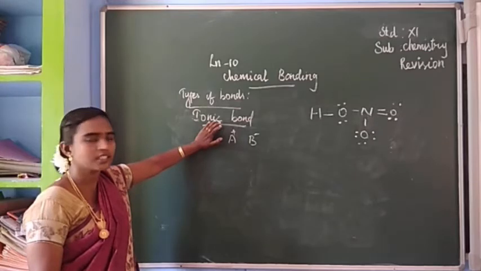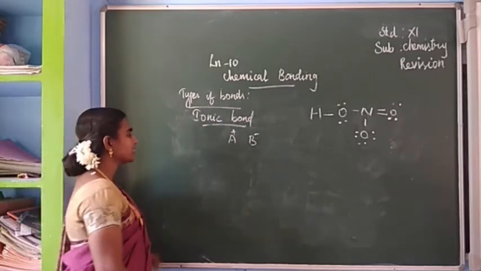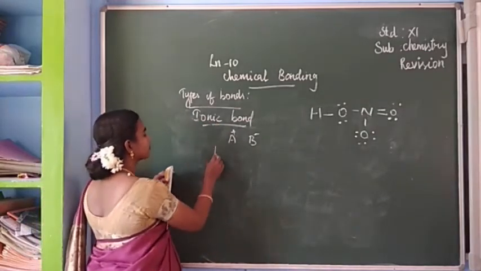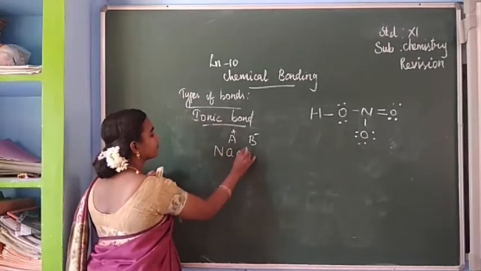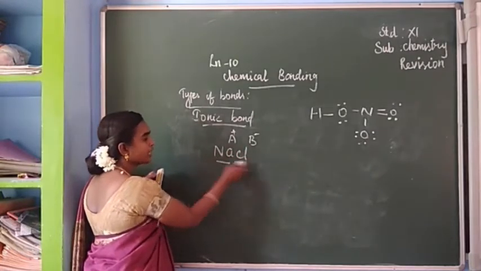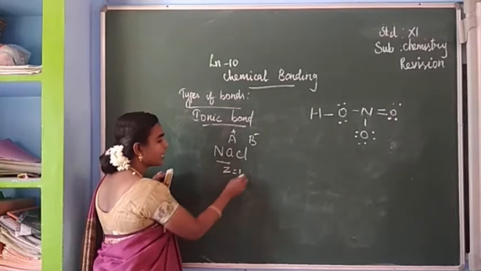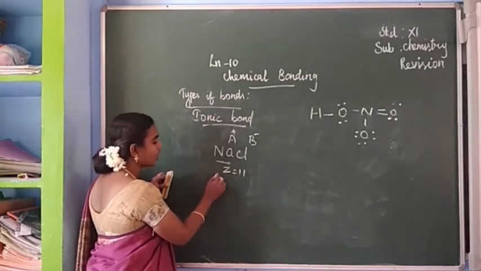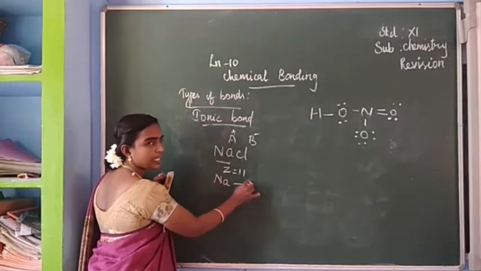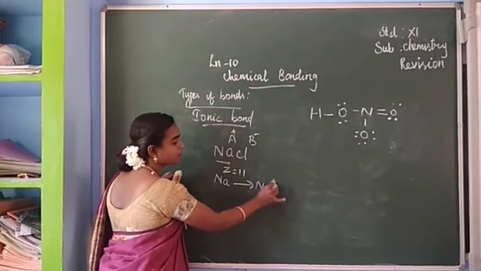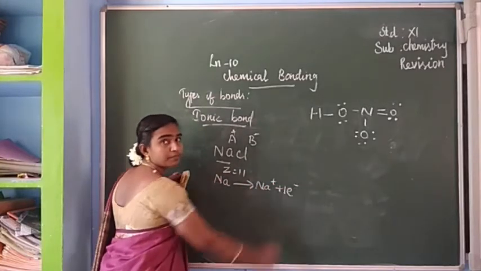Is it clear, students? Now we can take an example: sodium chloride. Sodium atom, its atomic number is 11. After removal of an electron, it becomes Na+. Na becomes Na+ plus 1 electron.